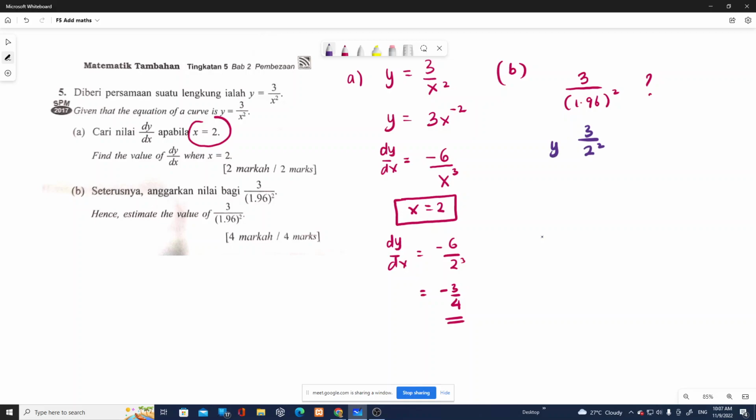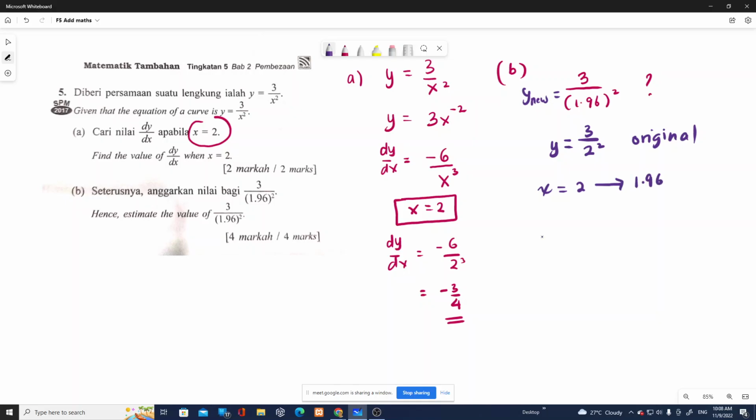That is our original function. But this is our new one. Y new is equal to 3 over 1.96 square. So that means your x changes from 2 to 1.96.